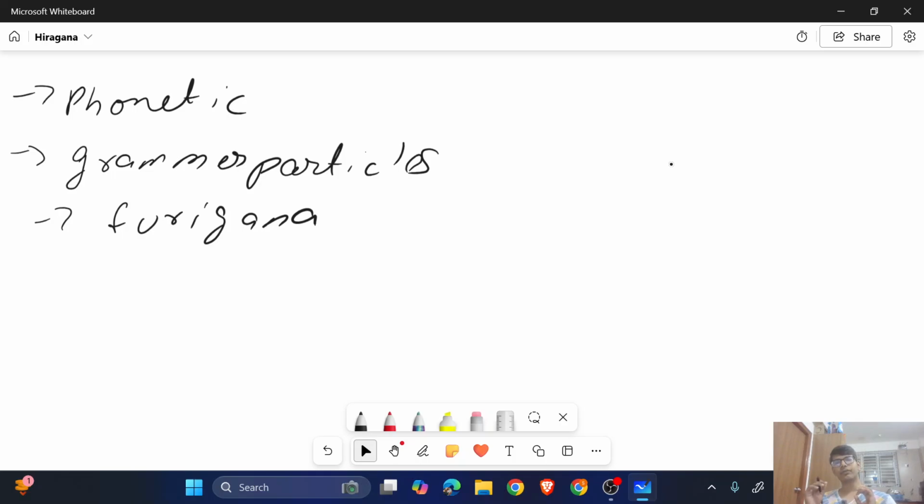It is also the very first script that Japanese children and even foreign learners like us begin with when studying the language.